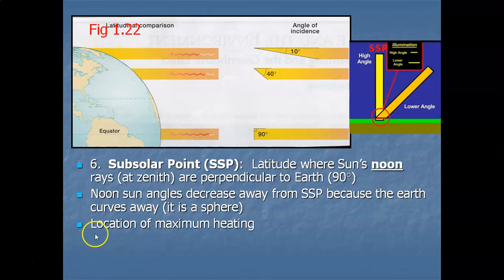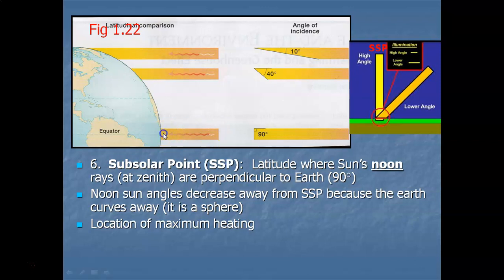And the important thing about the subsolar point is when you're getting direct rays of the sun directly overhead, or even still pretty high sun angles near where the subsolar point is, it's the zone of maximum heating on Earth.